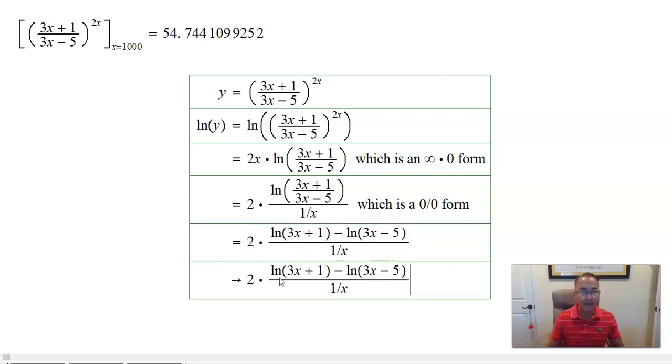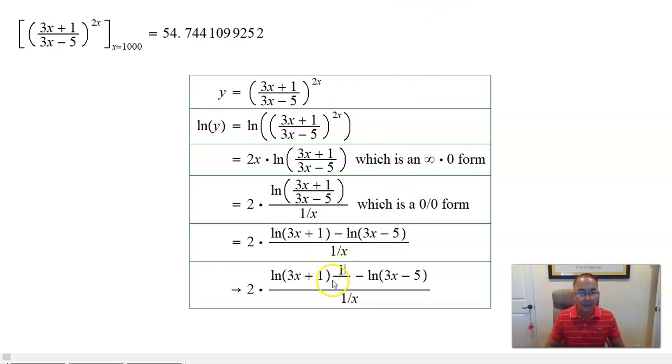We can leave the 2 outside. For ln of 3x plus 1, the derivative of ln of something is 1 over something, and then by the chain rule we need the derivative of 3x plus 1. So we have 1 over 3x plus 1, times the derivative of 3x plus 1, which is 3.